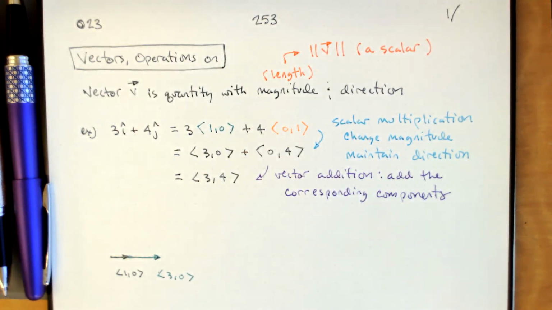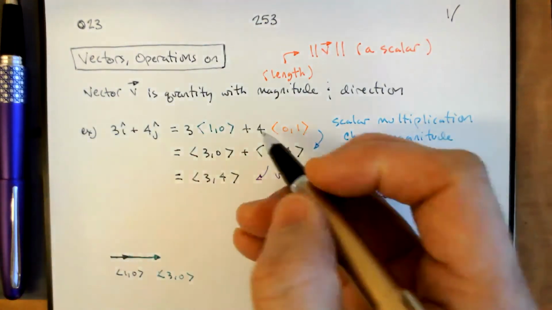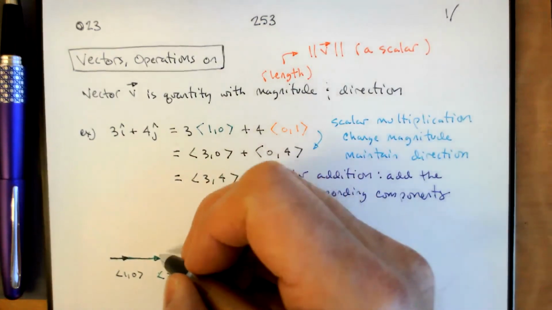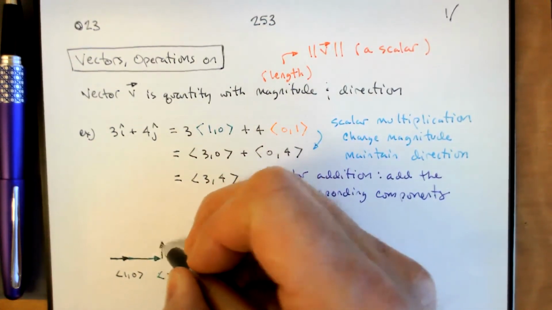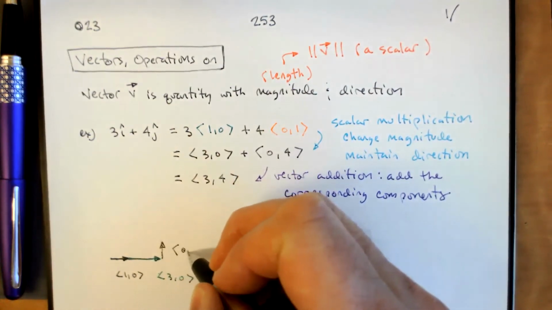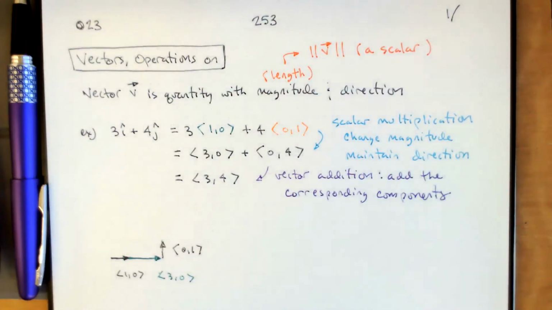With vector addition, we just tack one vector onto the end of the other vector. Tack the beginning of the second vector onto the end of the first vector. So at the end of 3, 0, I'll put on 0, 1. And then we've also scaled this up by a factor of 4.